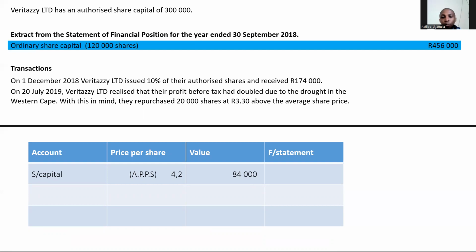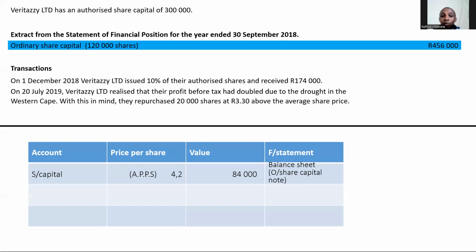When it comes to bank, the money that went out, please note that that 330, they're telling you that is the price above the average price per share. And how much is the average price per share? The average price per share is 4 rand 20. It means that we paid more than 4 rand 20 by 3 rand 30. So we actually bought back these shares at an amount higher than the average price.